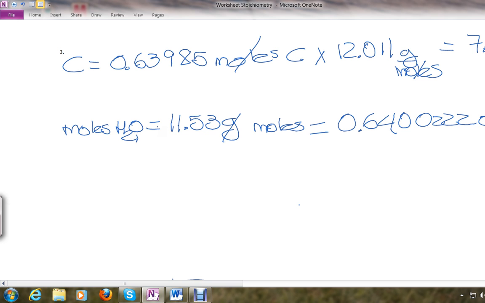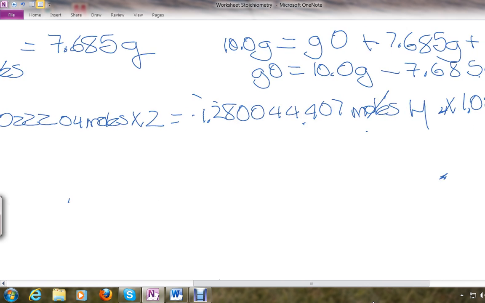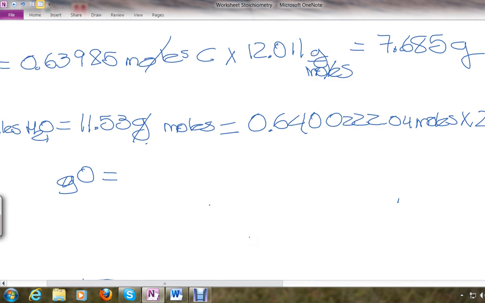So the grams of oxygen, if you do this subtraction, is going to give you 1.024 grams. So what do you think is the next step?